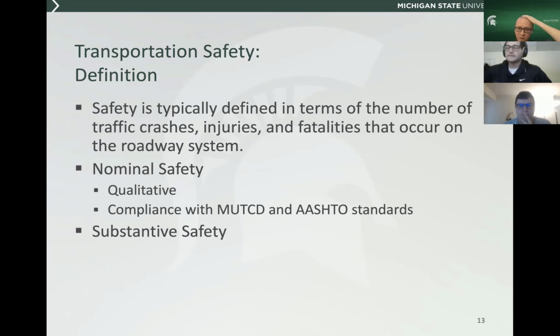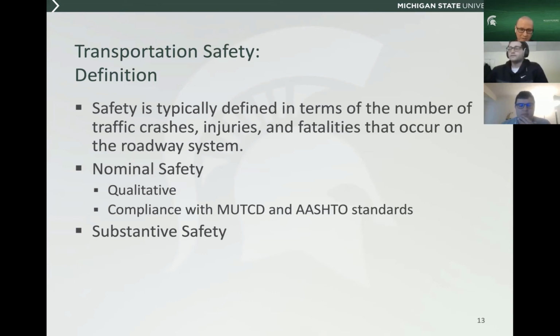And so we can very easily go to a given roadway and assess whether or not the pavement markings and signage and signals and so forth are in compliance with the MUTCD. And on that basis, we can claim some minimum nominal level of safety.